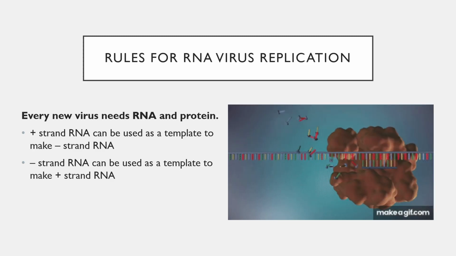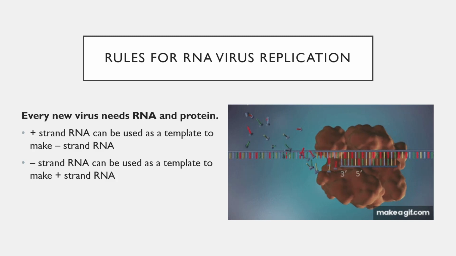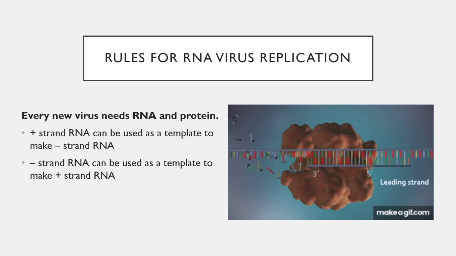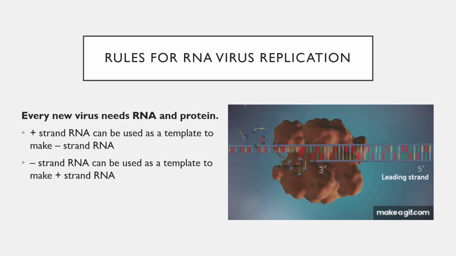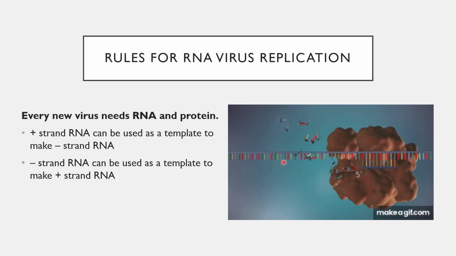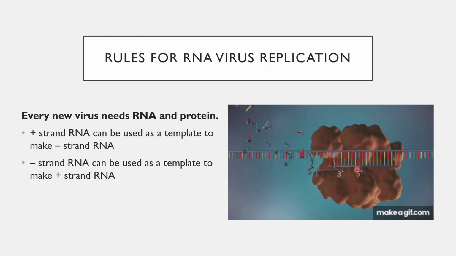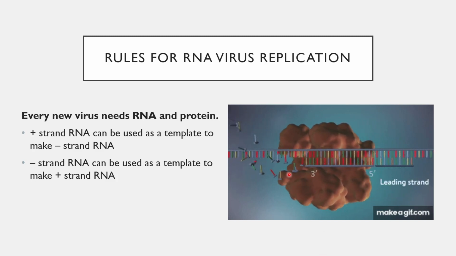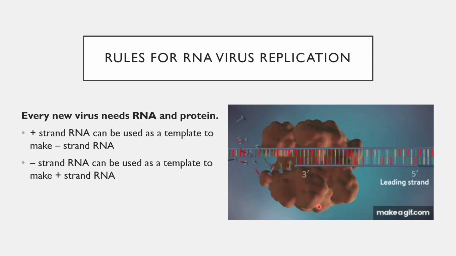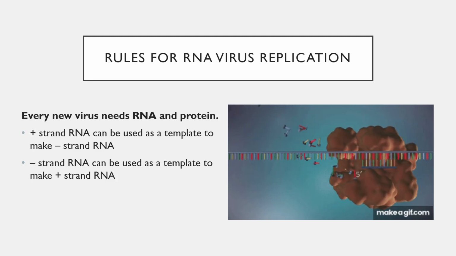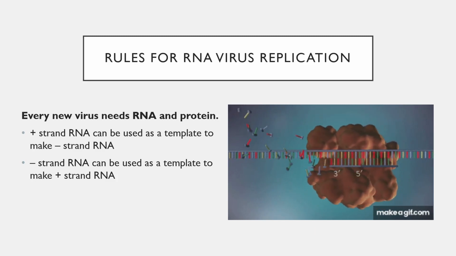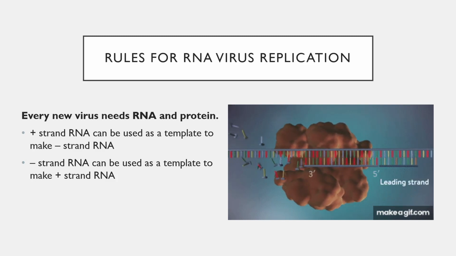The way that it works is extremely similar to the process for replicating DNA that we saw in our last lecture, where one strand is used as a template and free nucleotides are then matched up to that strand by an enzyme to create a new strand that has the opposite sequence. So this can happen not only with DNA, but it can also happen with RNA.